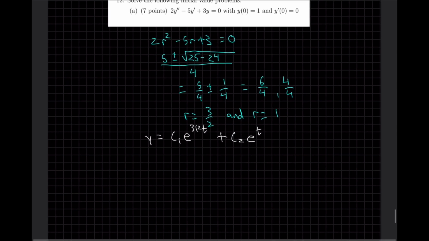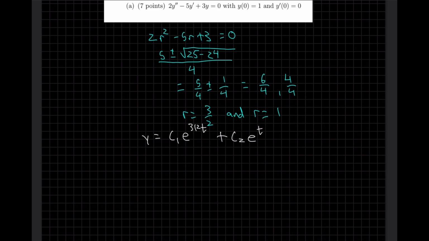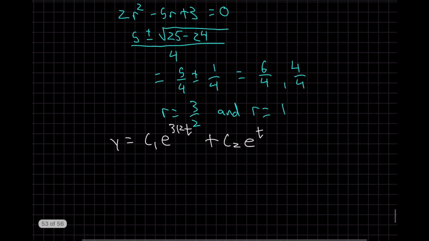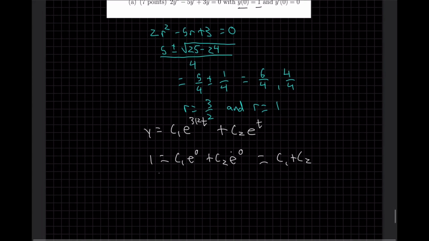So let's first plug in the condition where y of 0 is equal to 1. So 1 equals c1 e to the 0 plus c2 e to the 0 equals c1 plus c2. So we have c1 plus c2 equals 1.